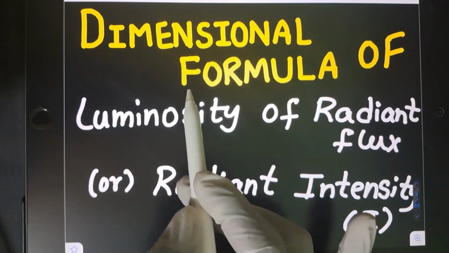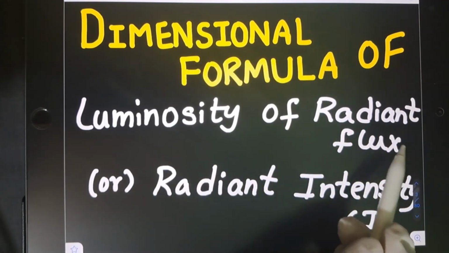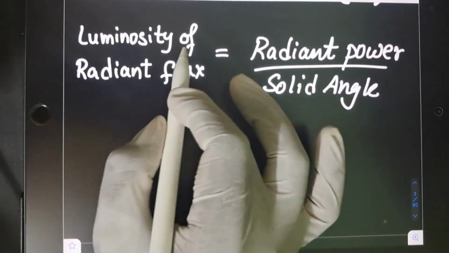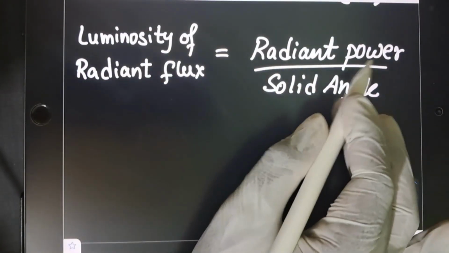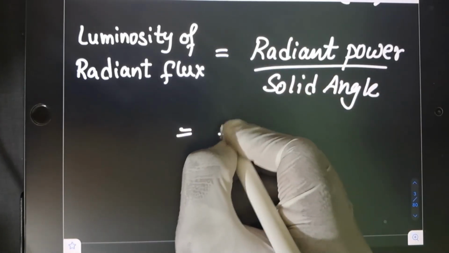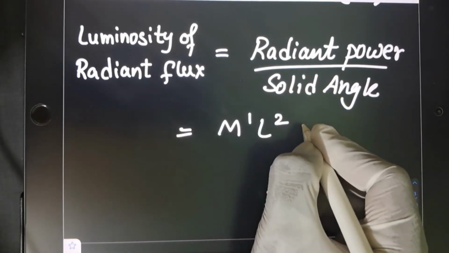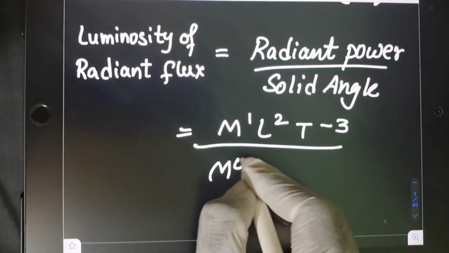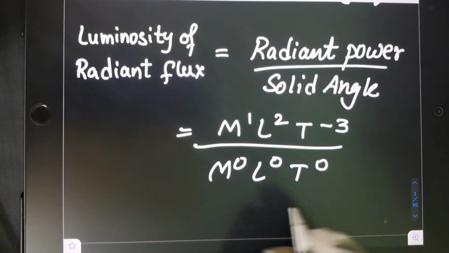To find the dimensional formula of luminosity of radiant flux or radiant intensity denoted by the letter I. Luminosity of radiant flux is equal to radiant power by solid angle. We must know the dimensional formula of radiant power: M^1 L^2 T^-3 by solid angle, which is dimensionless, M^0 L^0 T^0.